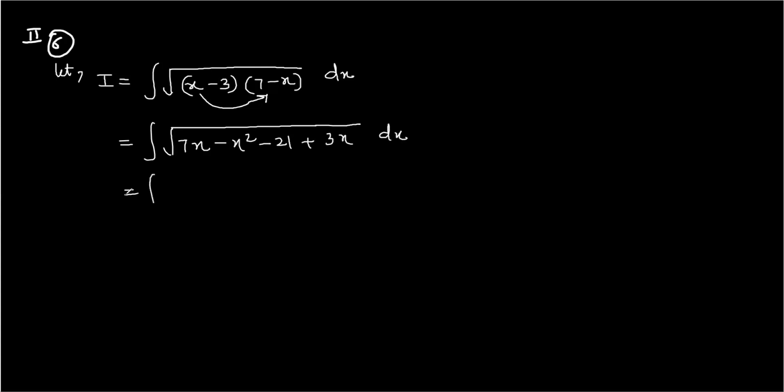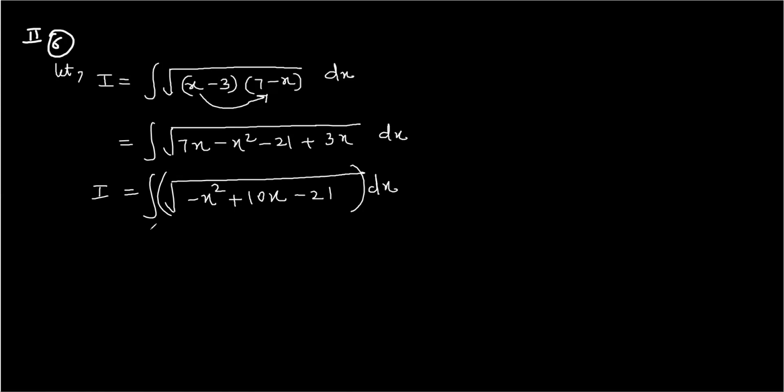So finally I get here negative x square plus 10x, 7x plus 3x is 10x, minus 21 dx. So this is root quadratic. What is this type? This integral is integral root quadratic. Now you know the method.